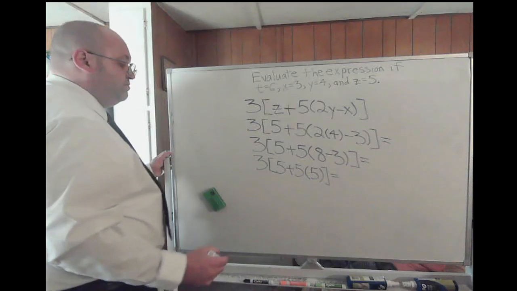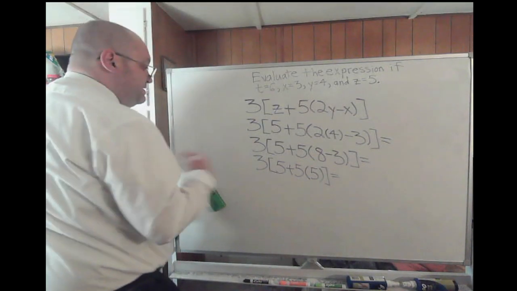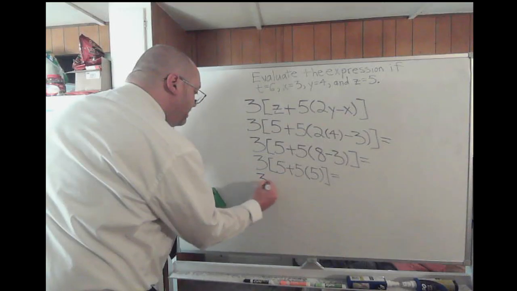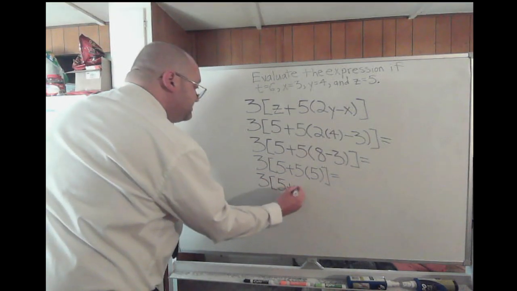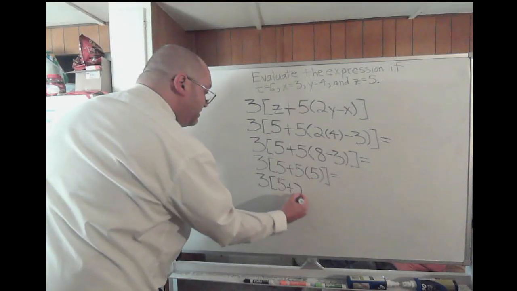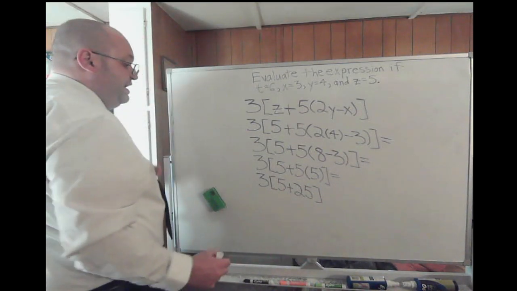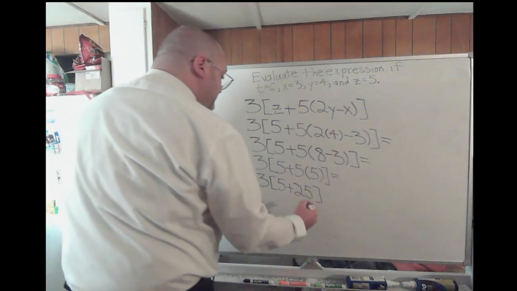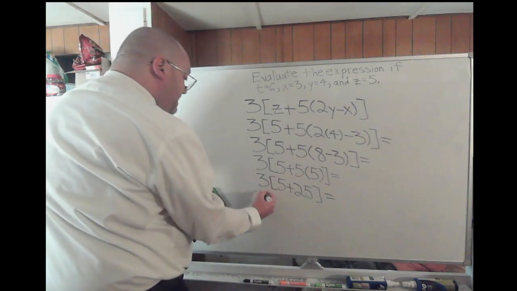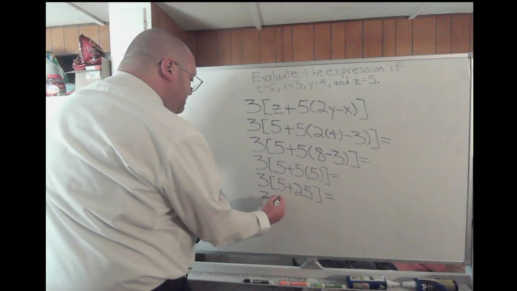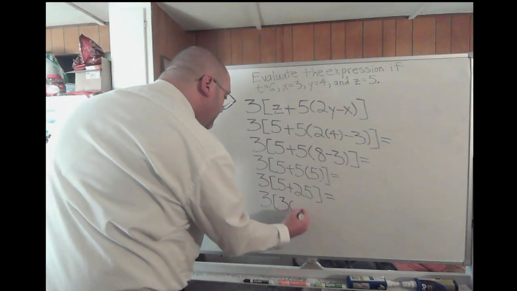Okay, so now we still have to deal with what's inside the brackets. You'll have 3 on the outside of the brackets. You'll have inside 5 plus the 5 times 5, which is 25. So now you just got to deal with what's inside the brackets again. Well, inside the brackets, you got 3 on the outside, but inside you have 5 plus 25, which is 30.